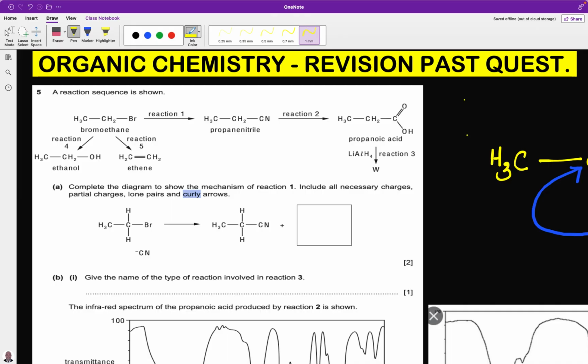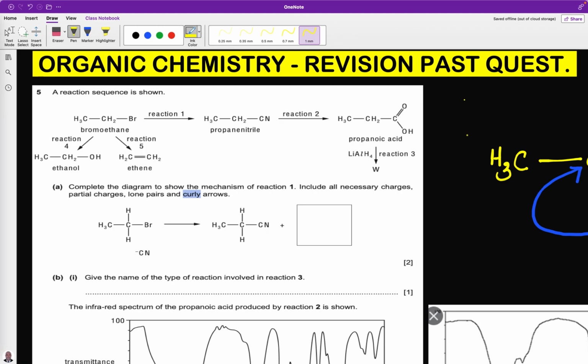In this situation, we have a primary halogenoalkane. Is it an SN1 or is it an SN2? It is an SN2 mechanism.